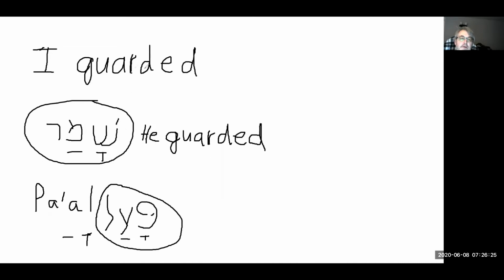He guarded. So if you want to do I guarded, you take that same form as he guarded, but you're going to make just a little change to it. So you take shamar, right? But on the last consonant, you're going to put a shva, and then you're going to add a tav and a yod, and you get that hirik vowel, right?